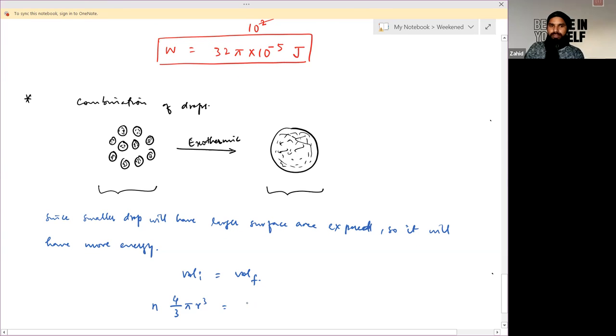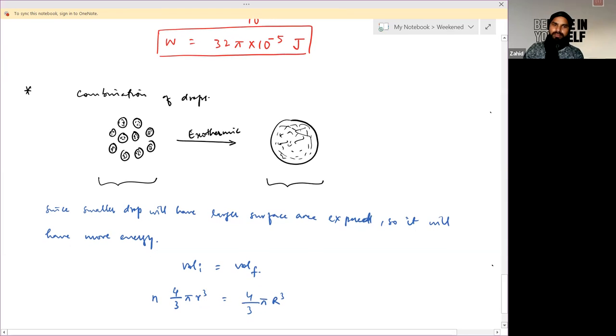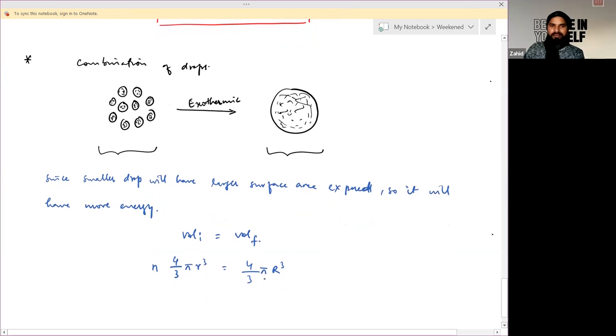For a single large drop, it will be 4 by 3 pi capital R cube. So 4 by 3 pi cancels out, and you will get R equals n to the power 1/3 times small r. Is it clear, Abdul Wahid?